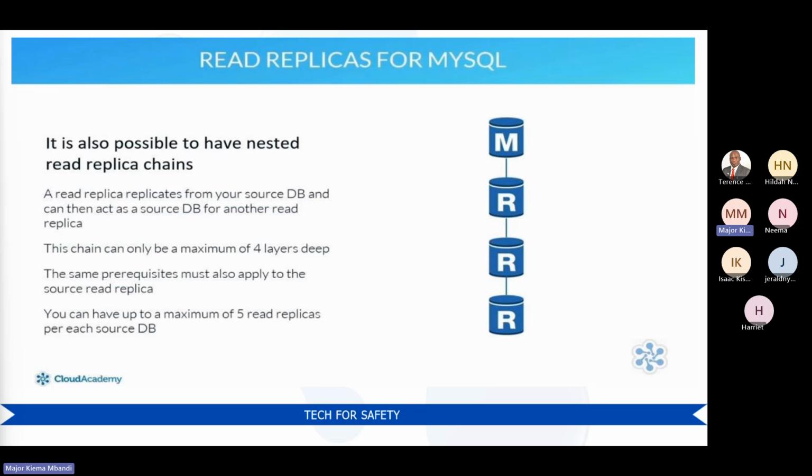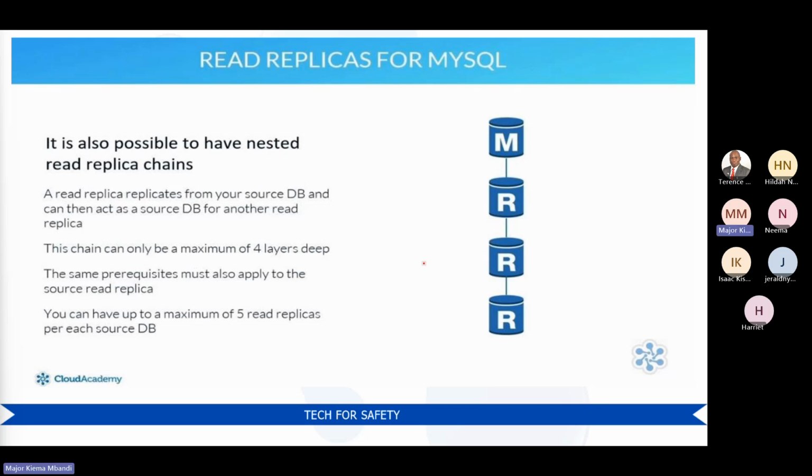It is also possible to have nested read replica chains. A read replica replicates from your source DB and then can act as a source DB for another read replica. This chain can only be a maximum of 4. So what does it mean? Here you have your primary, and here you have read replica 1, read replica 2, read replica 3.